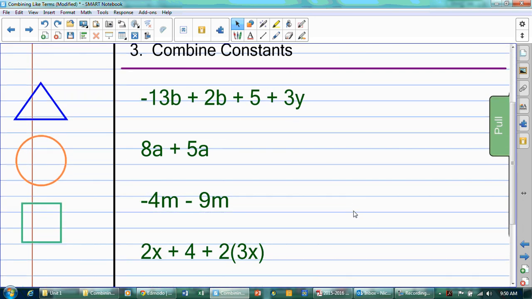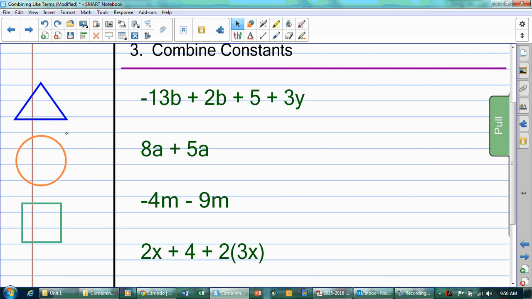Now, these shapes over here are just one way that you can do this, and they're not something you have to do. It's something that some people find helpful. Okay?